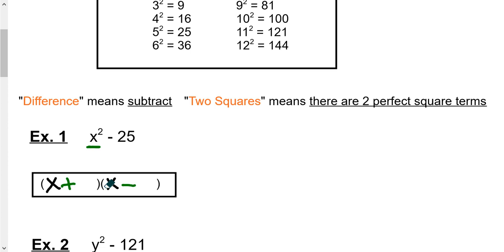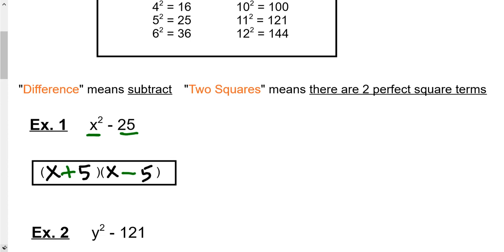And when you look at 25, 25 is a perfect square. 25 is 5 times 5. So your final answer is x plus 5 times x minus 5. That's your final answer. Just that simple.